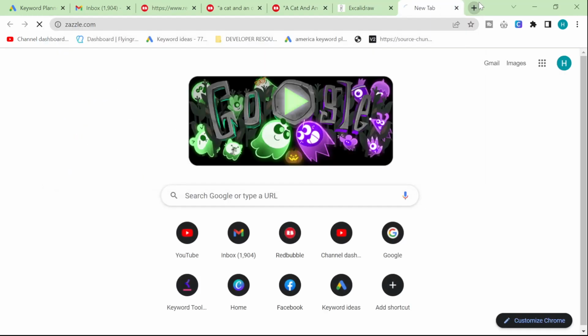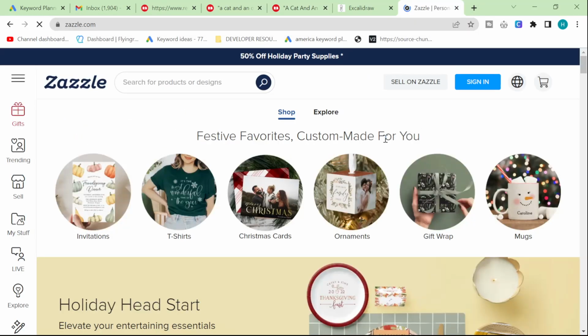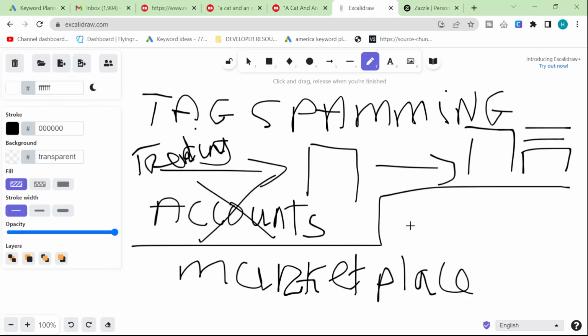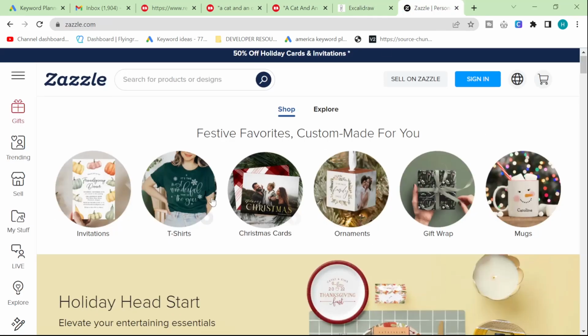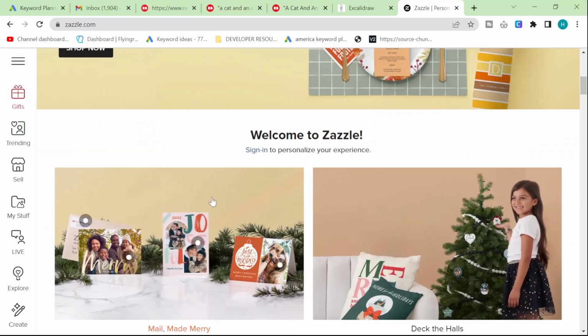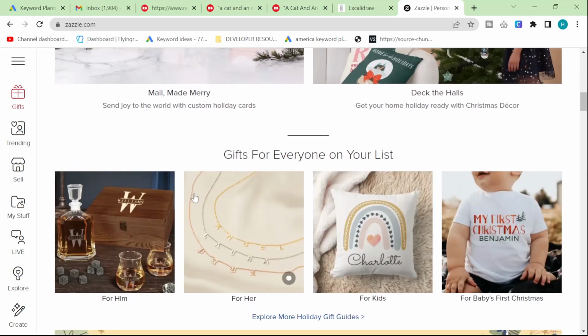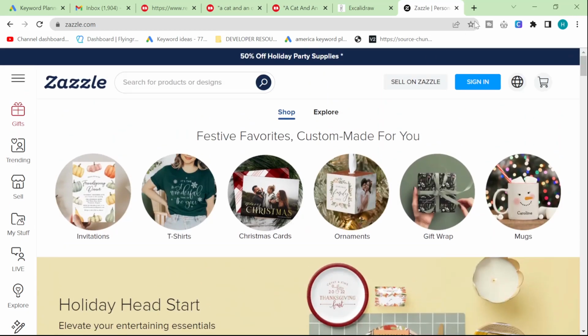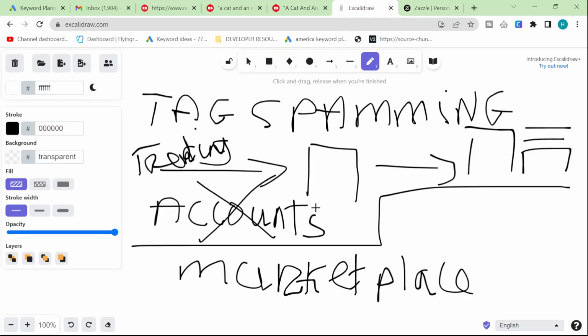There's Zazzle, for example, which has a pretty good chance of ranking on Google. If Google is ranking products, your product has just as much chance to rank on Google through Zazzle as it does through Redbubble. So in terms of SEO, it's kind of the same. But yeah, this is one idea: you could sell on another marketplace website, okay?